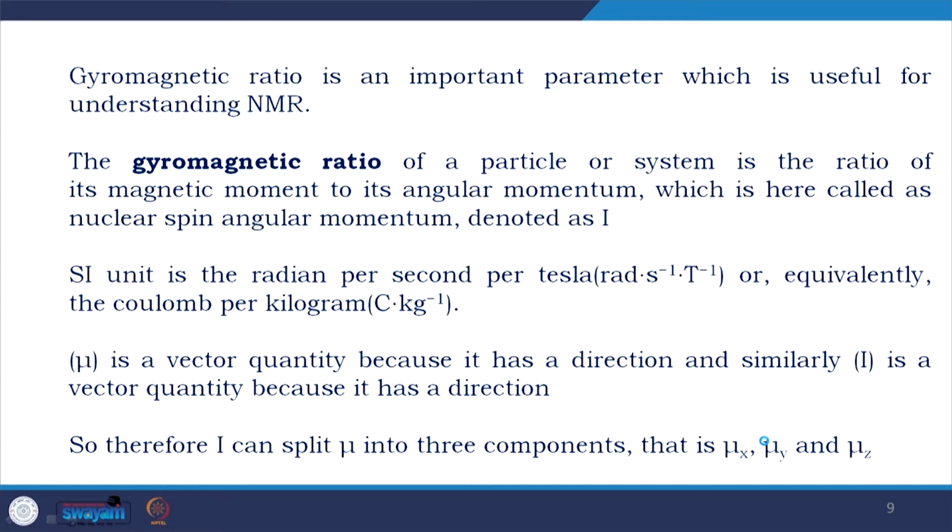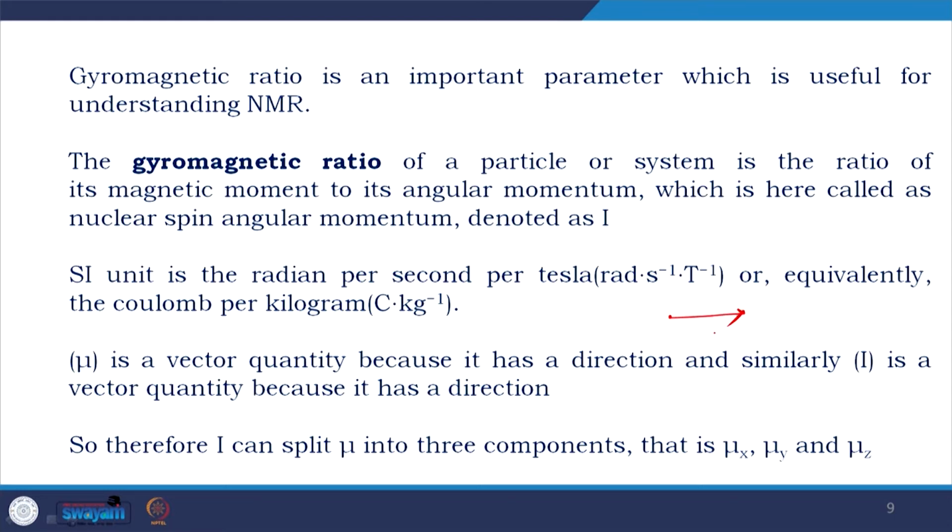The SI unit is the radian per second per Tesla, or equivalently the coulomb per kilogram. Mu is a vector quantity because it has a direction, and similarly I is a vector quantity because it has a direction.